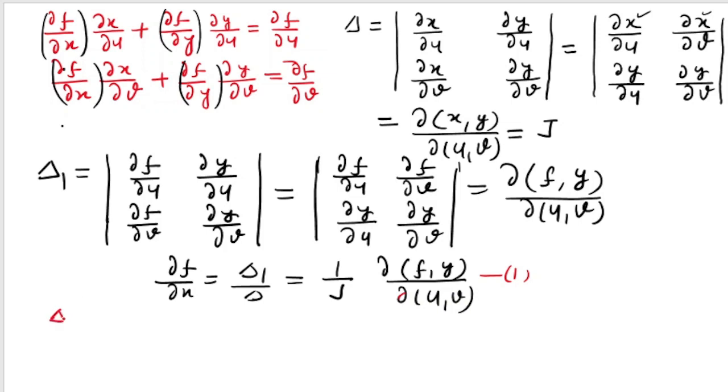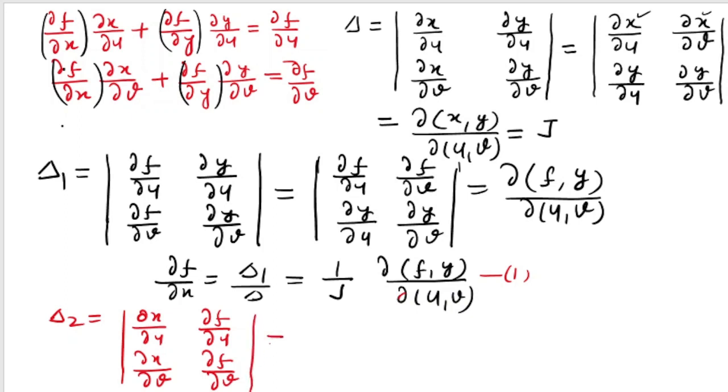How will I calculate delta 2? I hope you can easily calculate that. Here the first row, that is del x by del u, I am writing del x by del u and del x by del v, which remains the same, and the second column in the delta is replaced by the right hand side. So the right hand side is del f by del u and del f by del v.